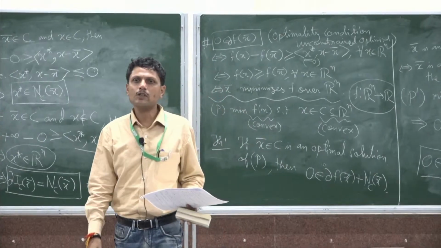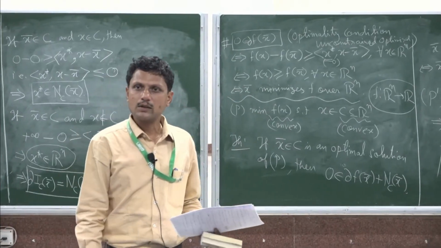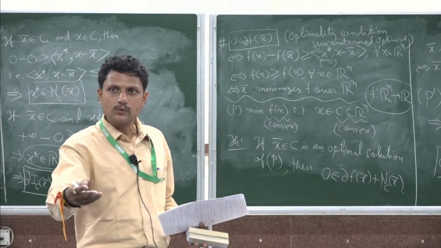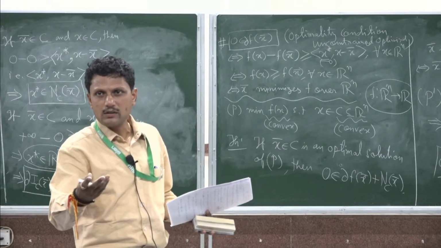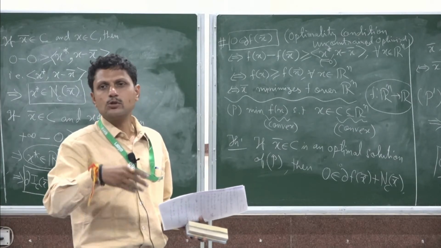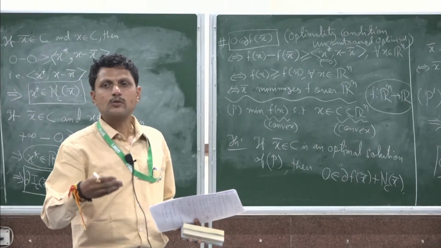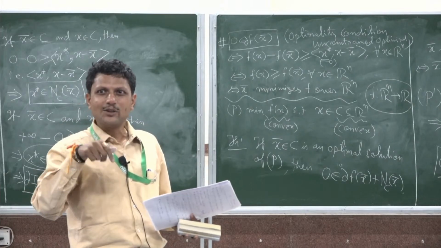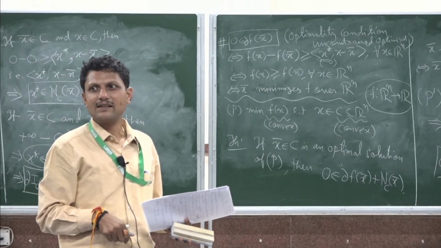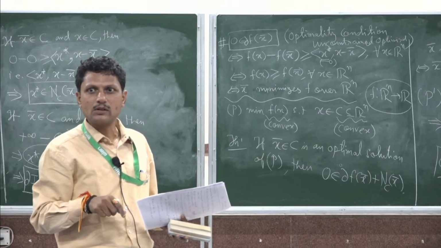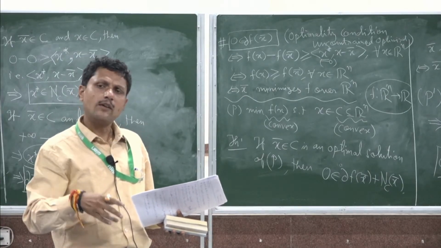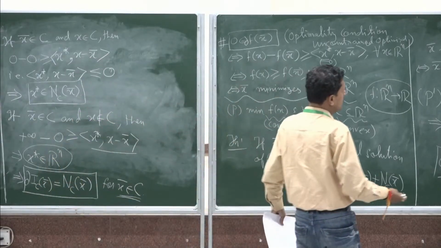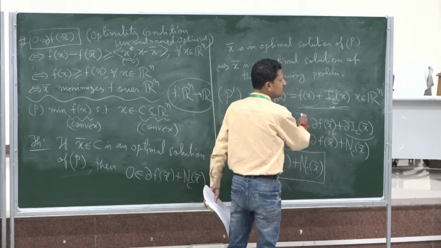Suppose it is some function x1 square plus x2 square. But then the feasible region is a set C which may or may not be Rn, right? Suppose we want to minimize x1 square plus x2 square over a set which does not contain the origin. f is defined on Rn, but otherwise this sum is not defined.